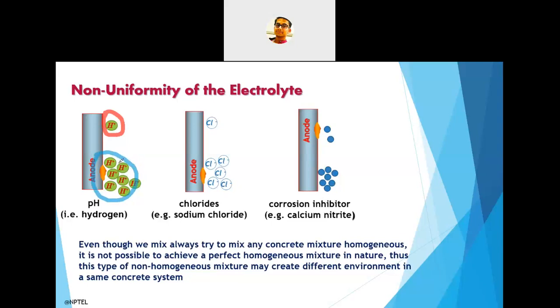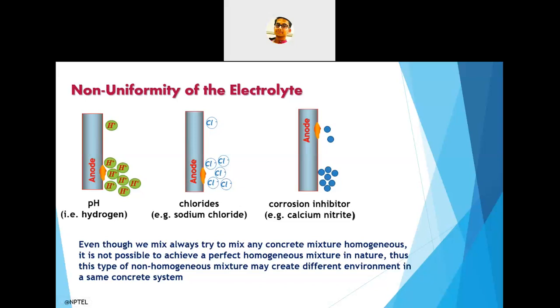So these are due to the non-uniformity of acidity and alkalinity. This is also a reason why we can get corrosion due to non-uniformity of the electrolyte.